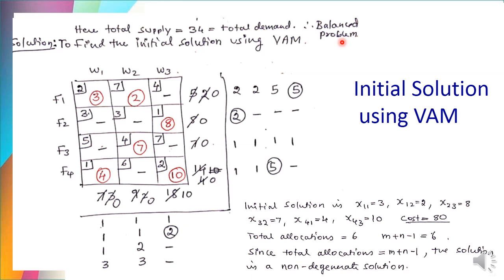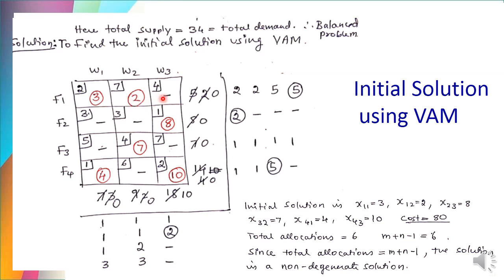Now let us find the initial basic feasible solution using Vogel's approximation method. This is the solution that we got by using the Vogel's approximation method. In this lecture, since we are concentrating on the UV method, how this is got, it is not discussed in detail.